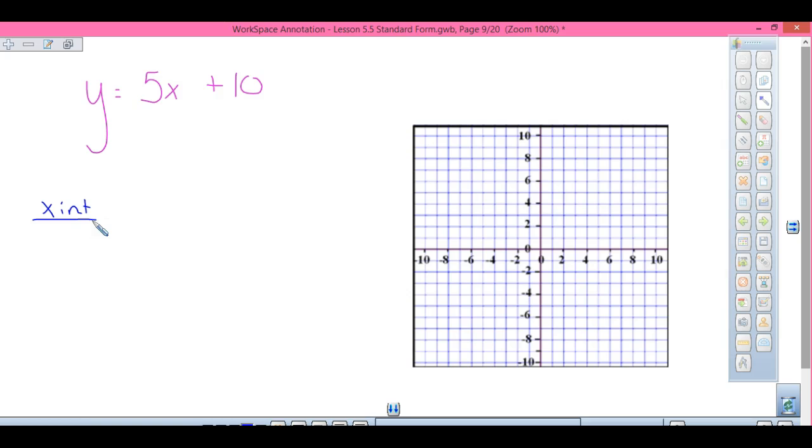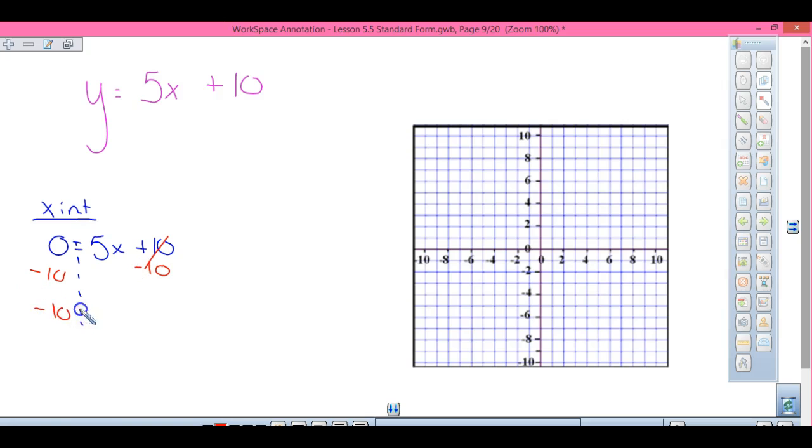So y is 0, 0 equals 5x plus 10. Now we have to solve this. So what would I do? To solve this equation, how do I solve this? Subtract 10 from the other side.